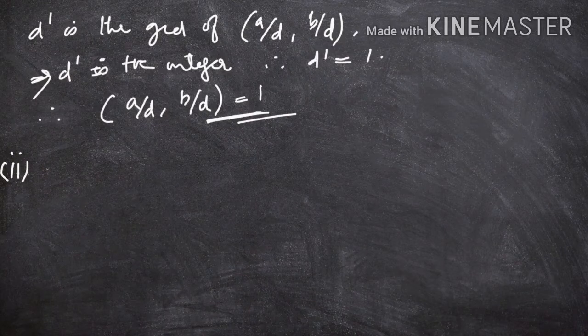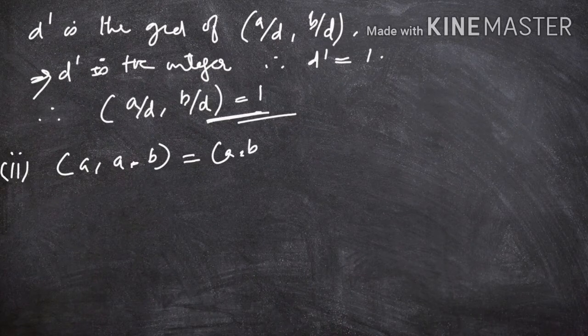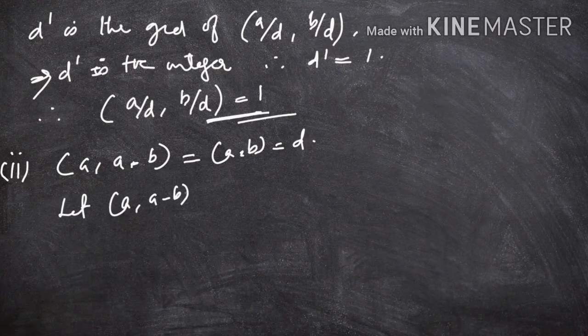Now we prove the second one. For the second one, we have to prove that GCD of A comma A minus B is the same as GCD of A comma B, equal to D. So let us assume that GCD of A comma A minus B is equal to D dash.